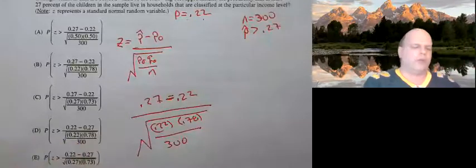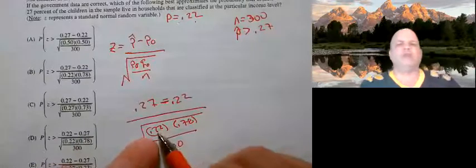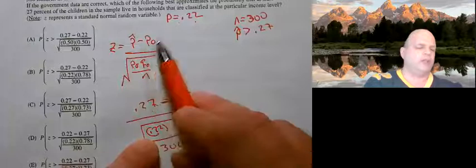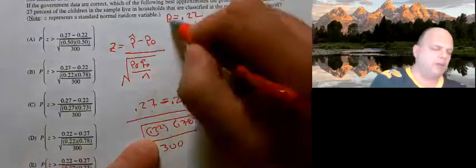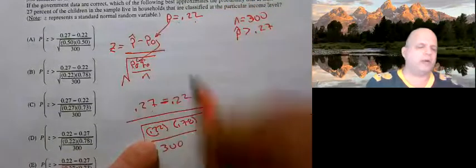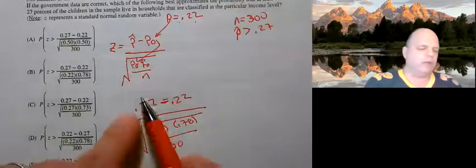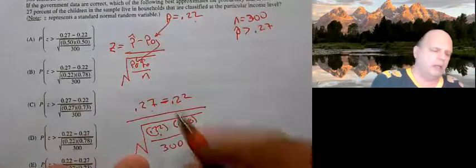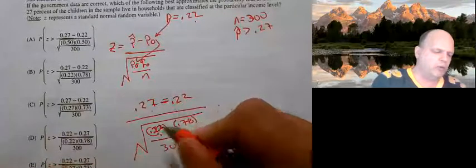Now, the reason I knew to use 22 here as opposed to 27 is the formula said to. It said use the population value. Do not use the sample. The sample value goes here, but it does not go in the denominator. All right. So that's why I knew that this is 0.22.